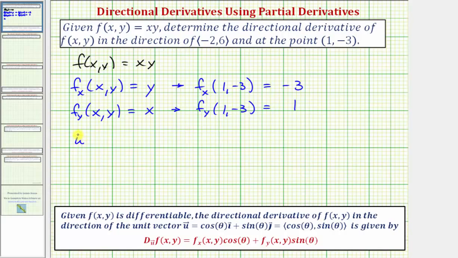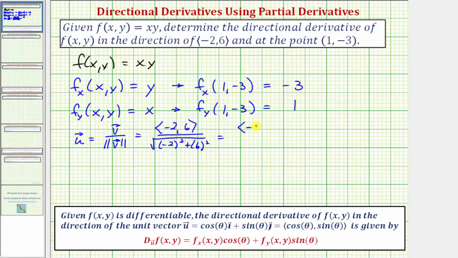We need the unit vector in the same direction, which should be equal to vector v, the given vector, divided by the magnitude of vector v. So we'd have -2, 6 divided by the square root of -2 squared plus 6 squared.